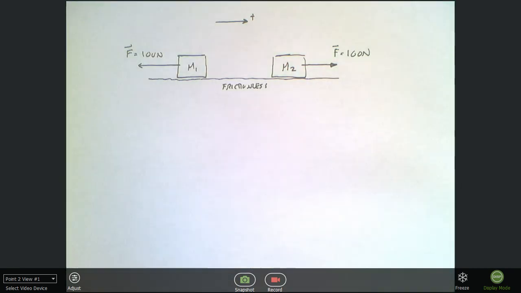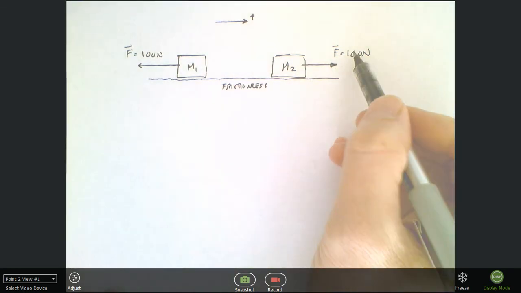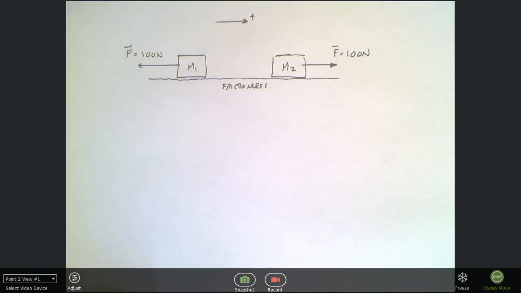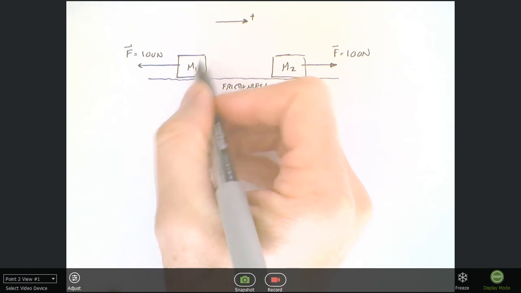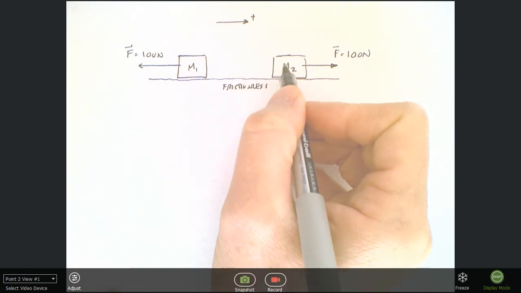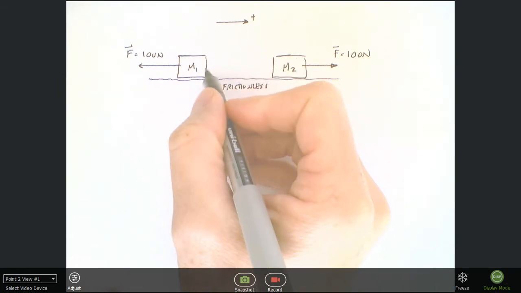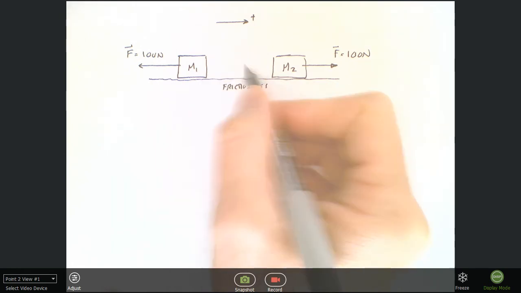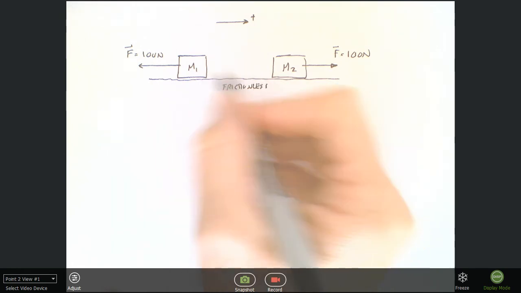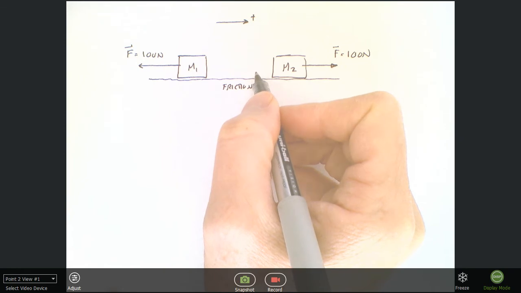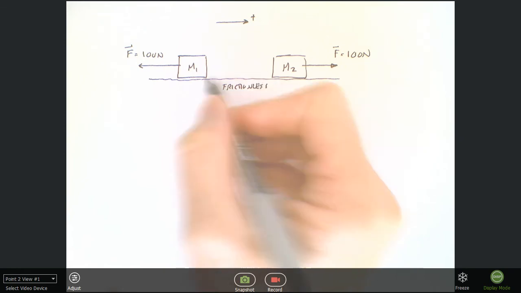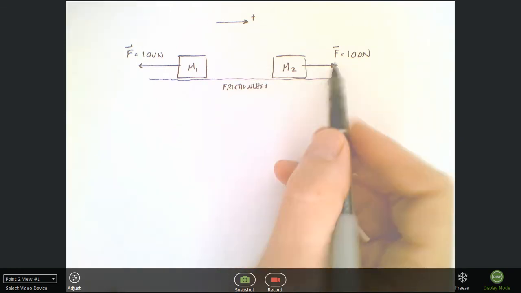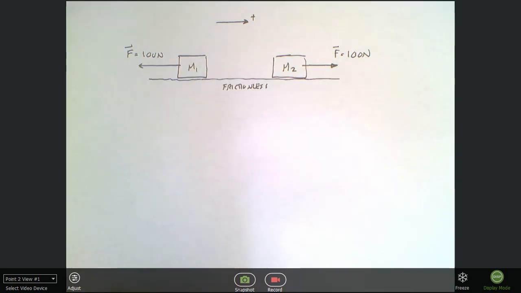So if there was a 100 Newton spring in between the two of them and it let them go and pushed off, both objects would feel the exact same force, just in the opposite direction. You can imagine that if this was a cart and you were sitting on it and you pushed someone on another cart, you would think that you're pushing them, but really you're both pushing each other, because you're pushing off, and Newton's third law says that causes a reaction force pushing back on you. And the force is the same between the two of them.